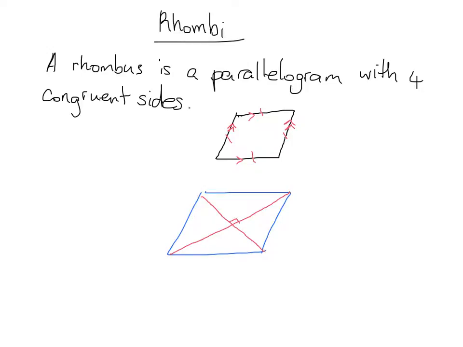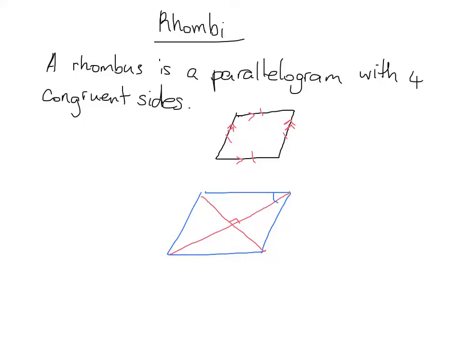It doesn't look like it quite here, but if it were a perfectly drawn rhombus, it would meet at 90 degrees. Another thing that's important to know about our rhombus is that our diagonals also bisect the angles, so they cut them in half.